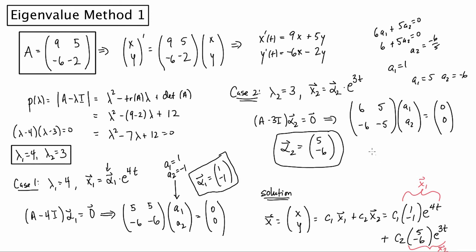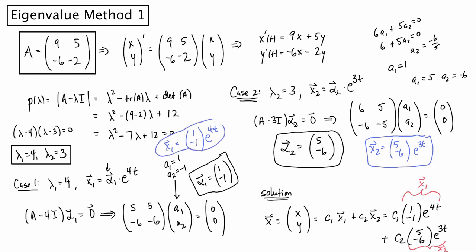So maybe I'll just back up for a second. So x2 here is 5, negative 6, e to the 3t. That's one part of my fundamental set. And then the other part of my fundamental set is over here. I get 1, negative 1 is my eigenvector there, and it's e to the 4t. So that's the x1. That's the other part of my fundamental set.